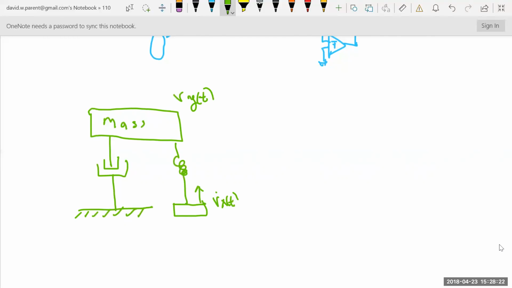Well, the input voltage is the input velocity. It goes through the inductor, or the spring, which is now an inductor. One end of the mass is always tied to ground because the velocity of that mass is always measured with respect to ground. There are other ones where you might look at something different, but in this particular model, that's always the case. Then the damper, one end is connected to one side of the mass and the other one is in fact.